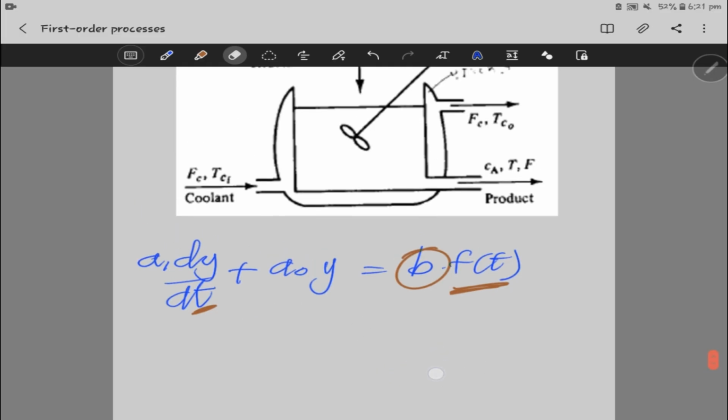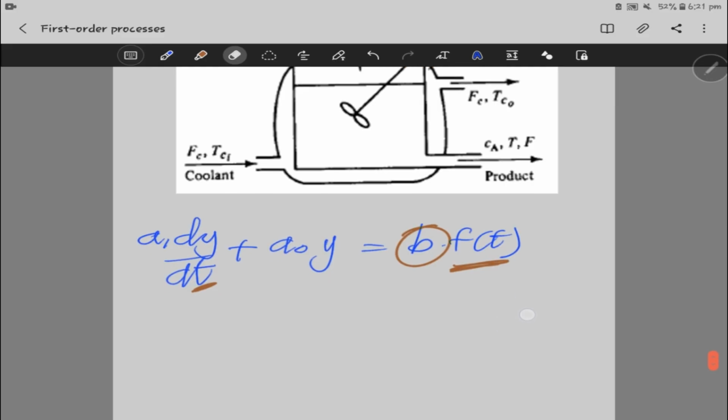So this is the first order system. There are different orders, right? When there's a way for you to rearrange it, and we've talked about the transfer function, which is the ratio of the output to the input, we rearrange this in such a way that we have dy/dt and then y alone, which is the output.